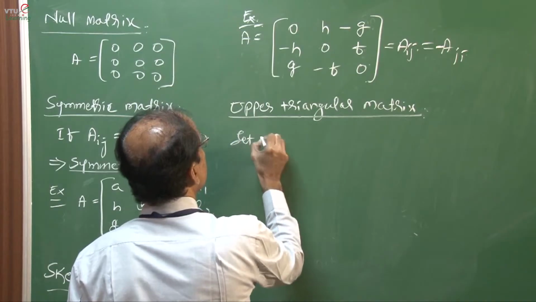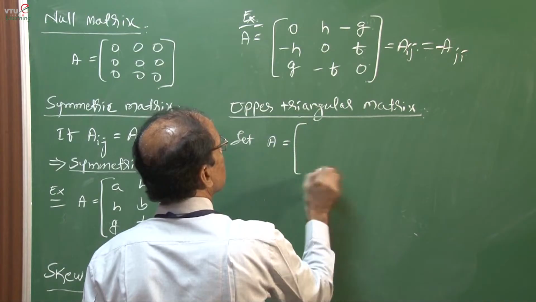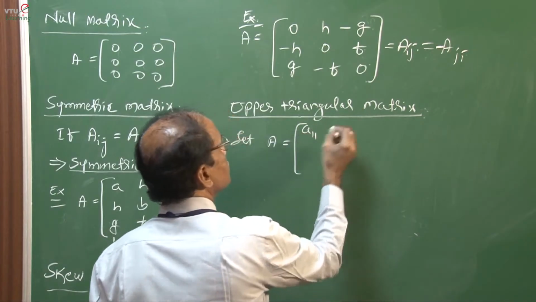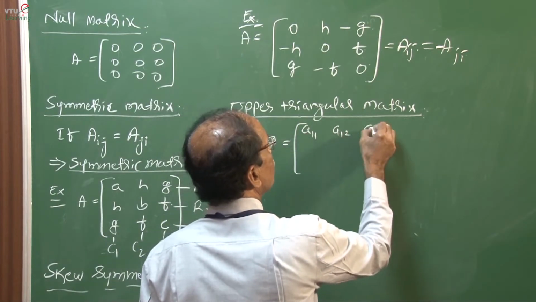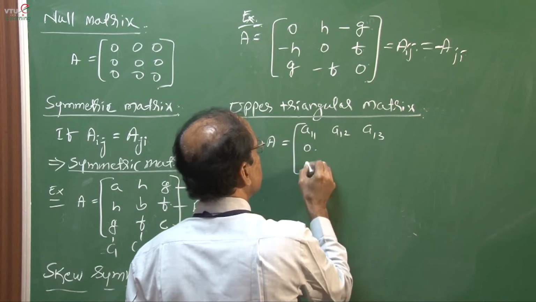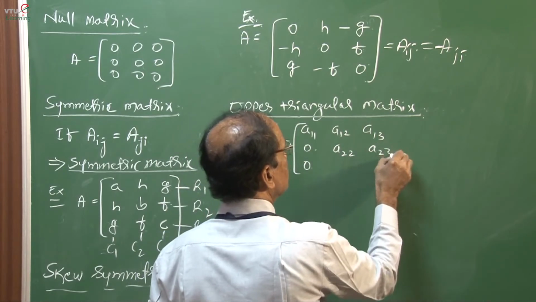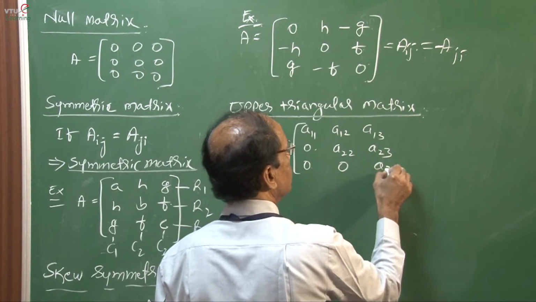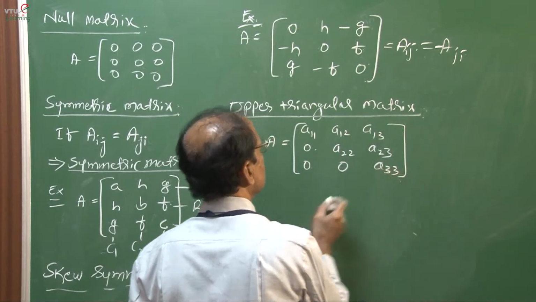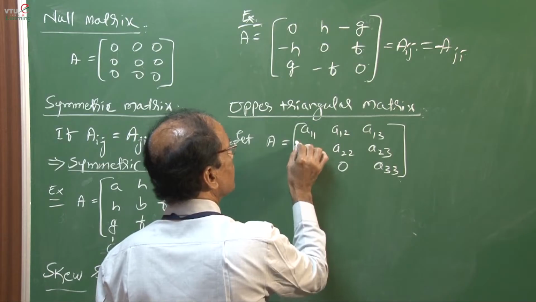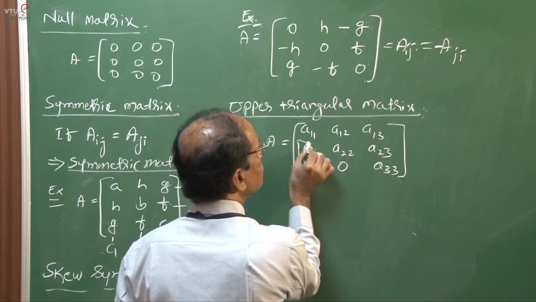Let A is equal to A11, A12, A13, 0, A22, A23, 0, 0 and A33. This is called upper triangular matrix.